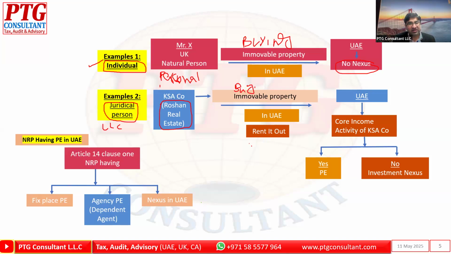And this is their income. They're generating income from rent. But this income is their core income generating activity. This is SIGA. Guys, please reply. This is SIGA.